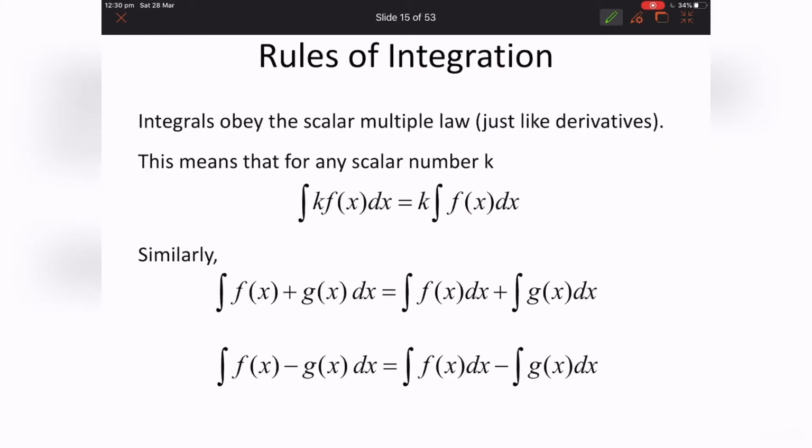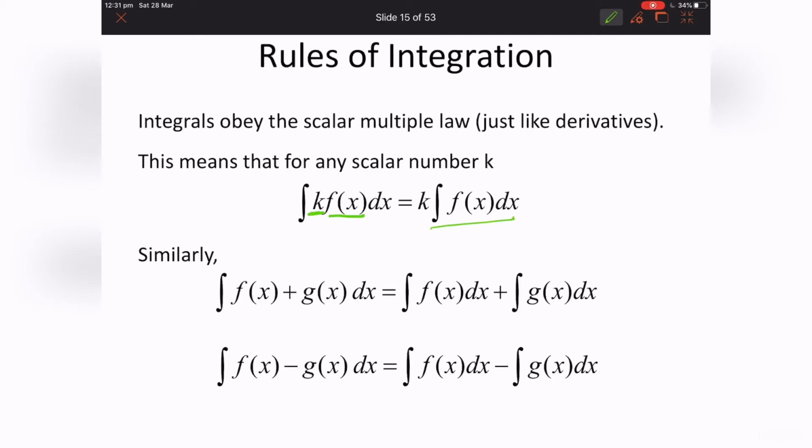The rules of integration here. Integrals obey the scalar multiple law. That means that for any scalar number k, k could be any number, if we have integration of a number multiplied by a function, k times f of x dx, then we can take the number outside the integration and integrate the function as it is.